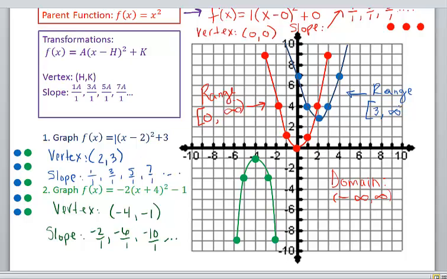So this is going to go from 3, and it includes 3, to infinity. And then lastly, if I take a look at my green graph, or my last example, this now is going to have a range starting here at negative 1 and it goes down. So that means it's going to go from negative infinity to negative 1 and include that negative 1.